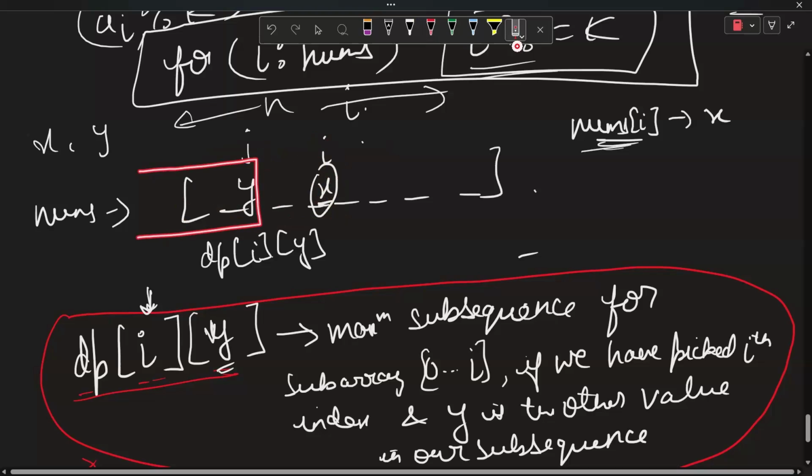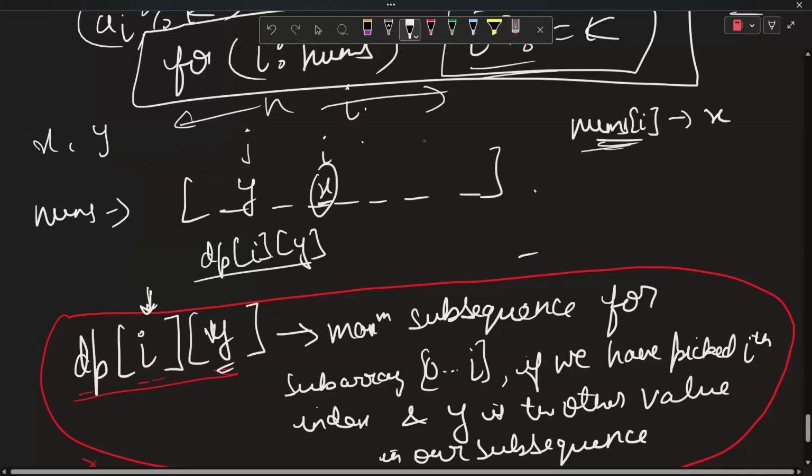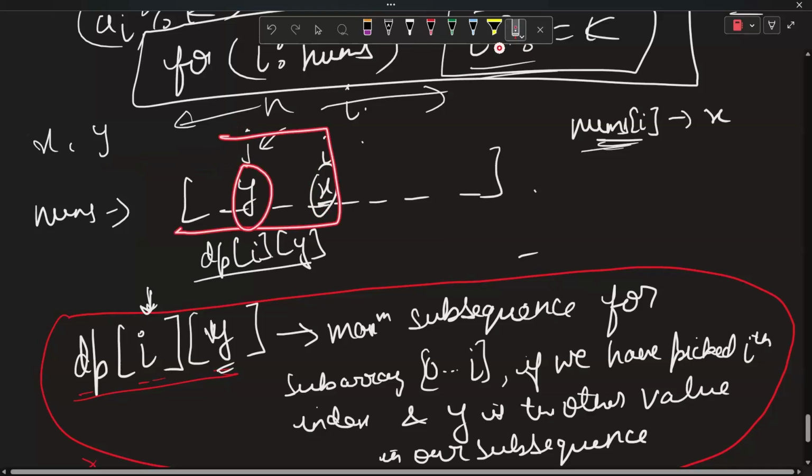If you take the dp where you have picked this jth index, and the other value was x, then you can just take this dp and add a plus one to that. So you can actually write that your dp[i][y], where j is the last index of a y just before i. So just before this index, what's the last y we found?